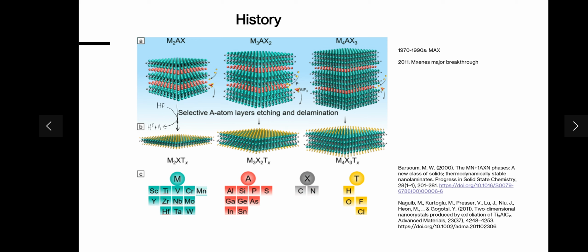These materials retain the layer structure of MAX phases, but exhibited enhanced surface chemistry, conductivity, and mechanical flexibility, making them highly promising for applications in energy storage, electronics, and environmental technologies.